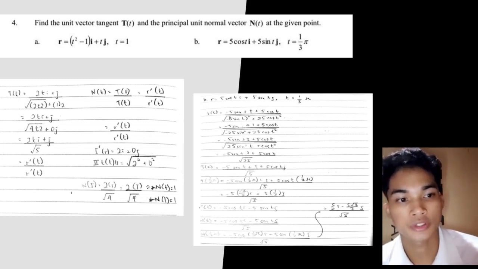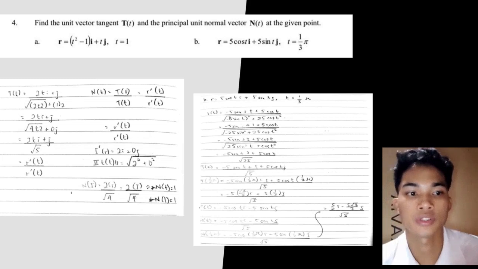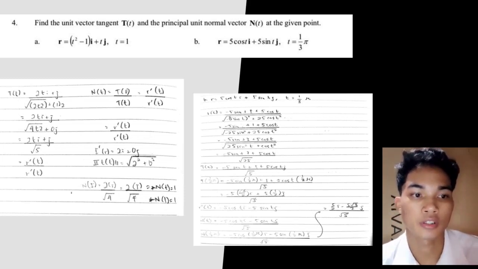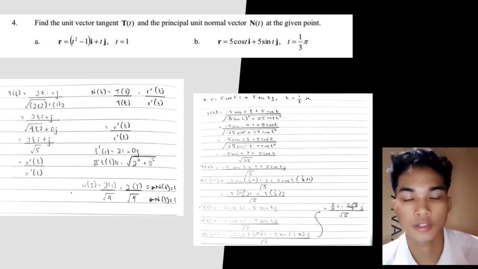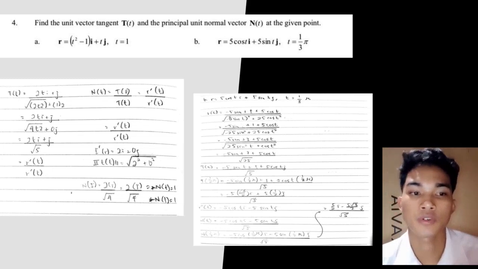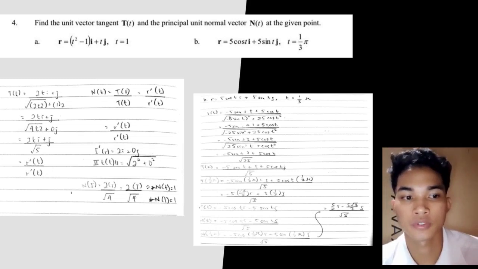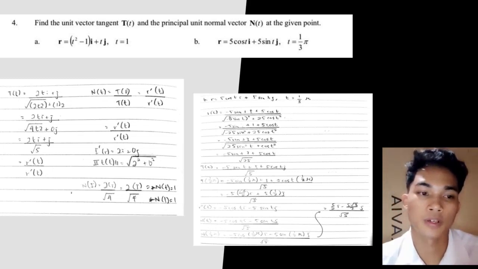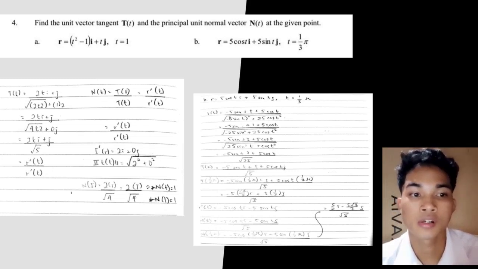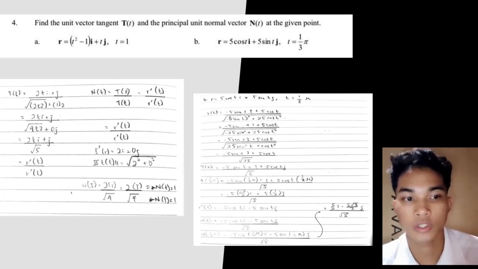We calculate the equation and then we differentiate it until we get −5 cos t i − 5 sin t j. Then after all the calculation, we get the final answer, which is 5/2 i + 5 square root 3 over 2 j over square root 5.